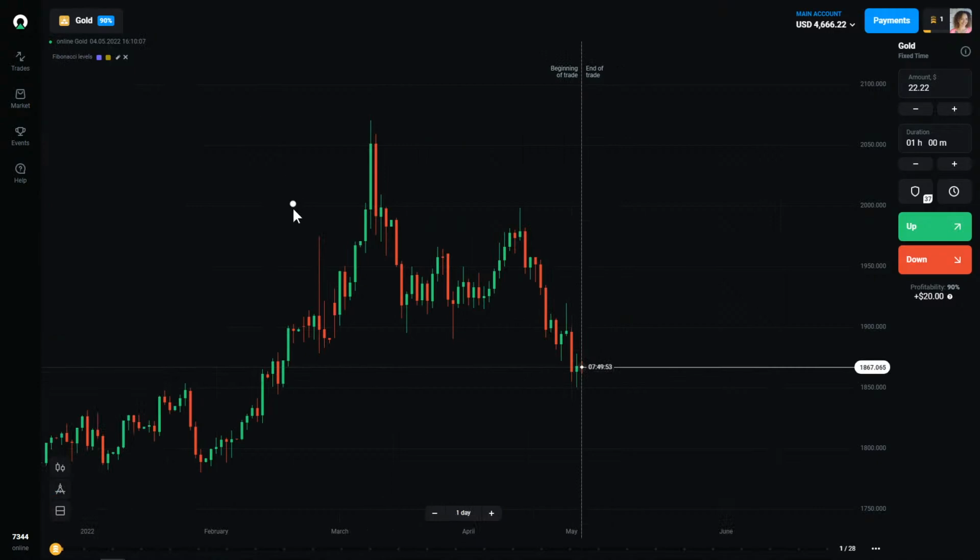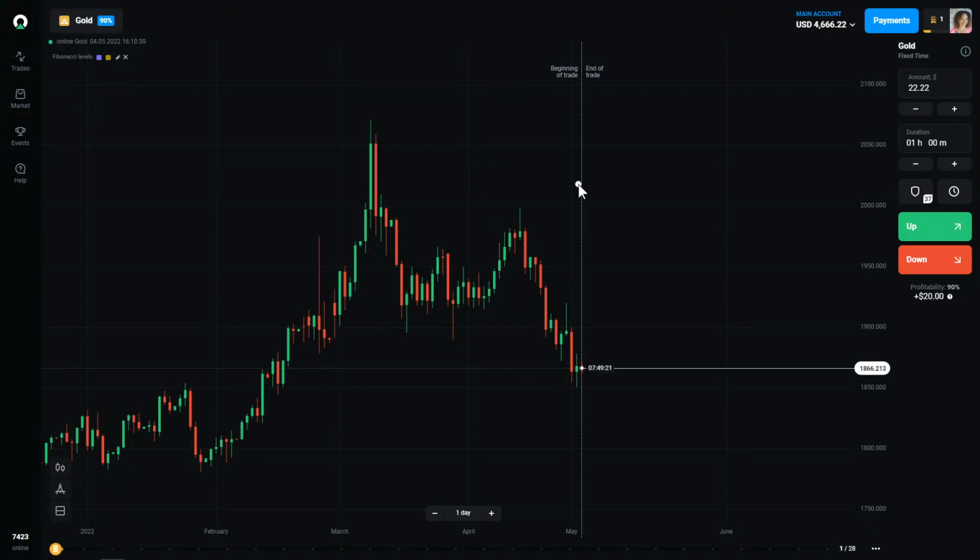So if you are looking, for example, at an uptrend, and the price has reached a level of resistance and starts to correct, remember this: the price can retrace and move in the opposite direction by a third or a half of the previous price movement before resuming its movement in the main trend direction. That's where the 38.2 and the 50% Fibo levels come in.